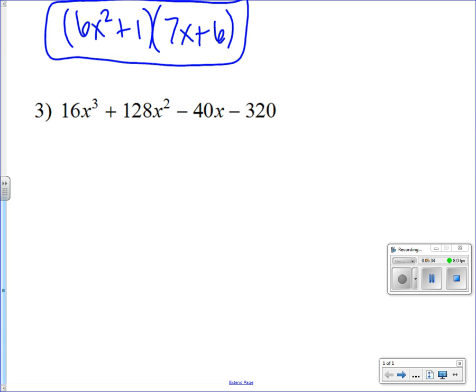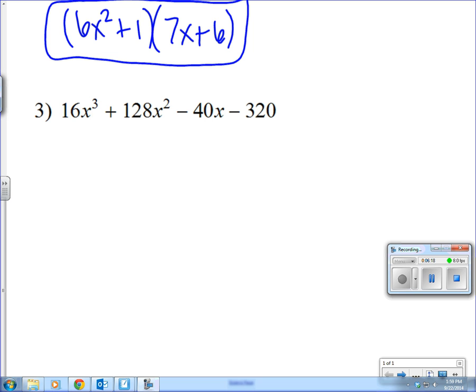Okay, go ahead and factor this one on your own. You should group the first two terms and the last two terms.